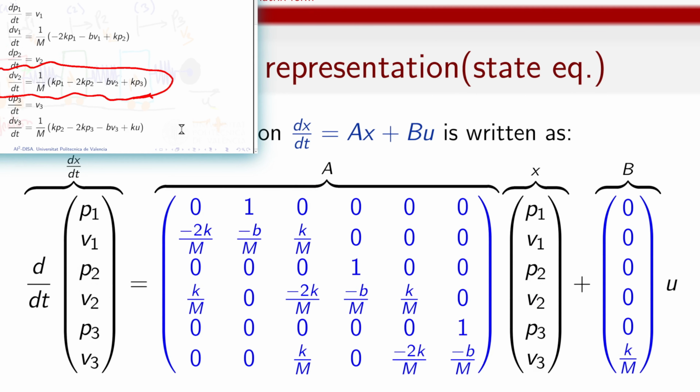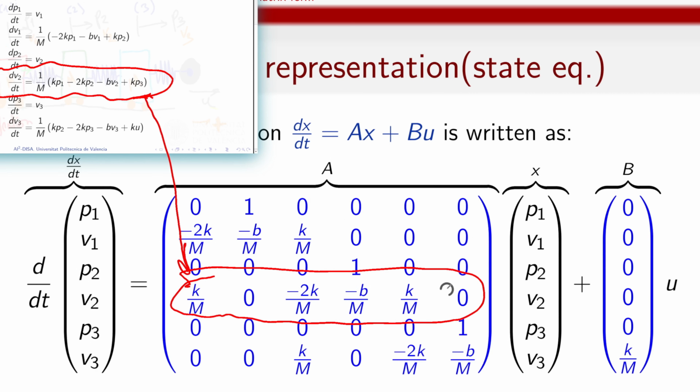In a totally analogous way, you can quickly see, I leave it to you, that the fourth row of A encodes the fourth state equation of my model: minus b over m speed, minus 2k over m times the position, this by this, and so on.